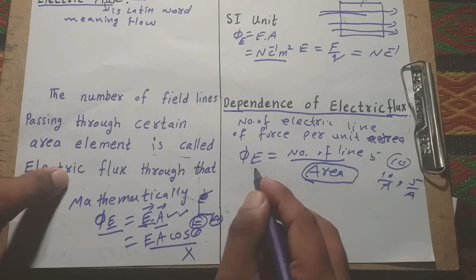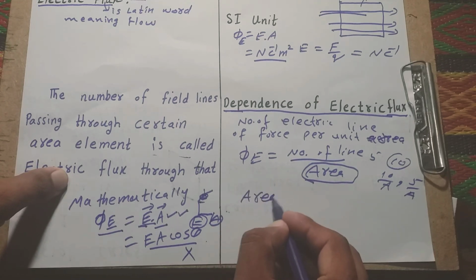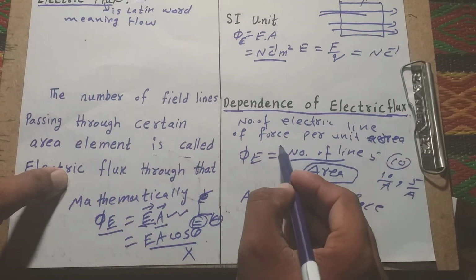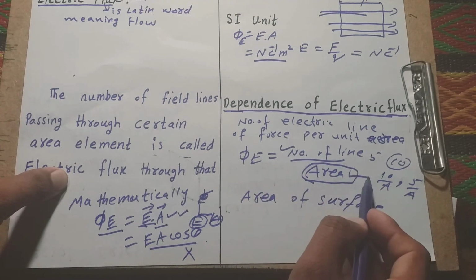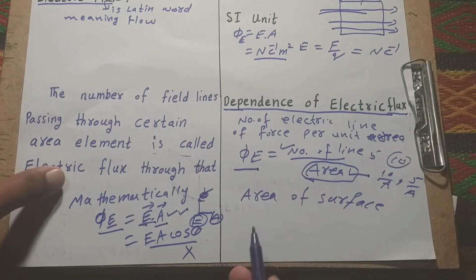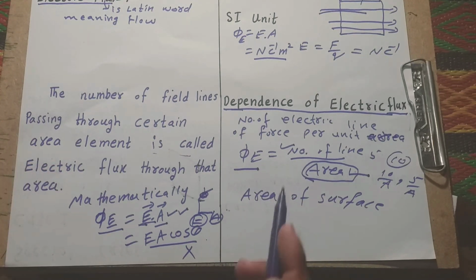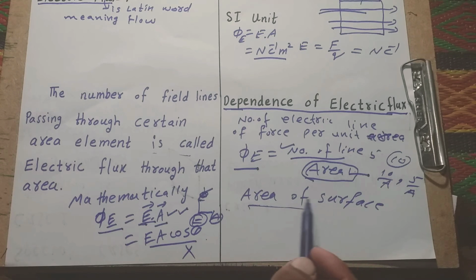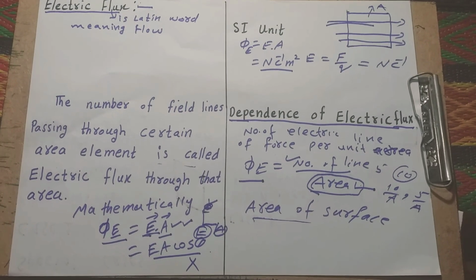Also, electric flux depends on the area of the surface. If the electric lines are fixed and the area increases, then electric flux decreases. So electric flux depends on the number of electric lines of force per unit area, and also on the area of the surface. Okay, understand?